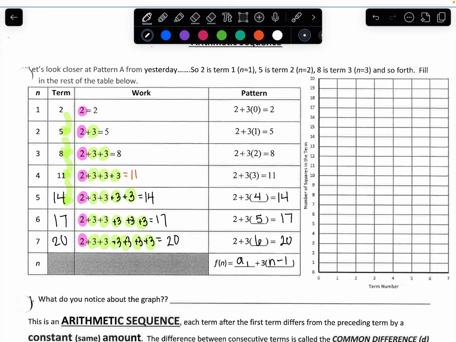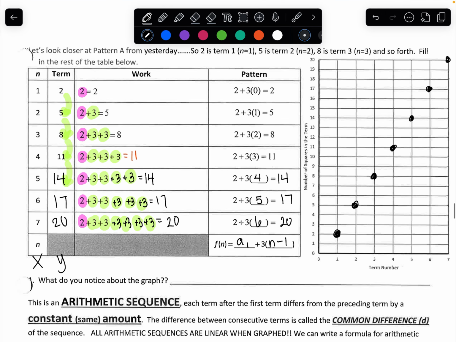Our n value is going to be our x's and our term is going to be y. So (1, 2), (2, 5), (3, 8), (4, 11), (5, 14), (6, 17), and (7, 20).